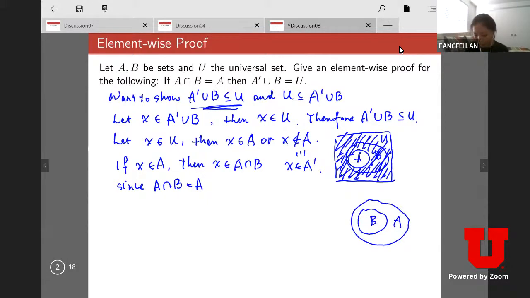Then A intersect B would be B, right? Does that make sense? Yeah, okay, that's good. So we keep going.